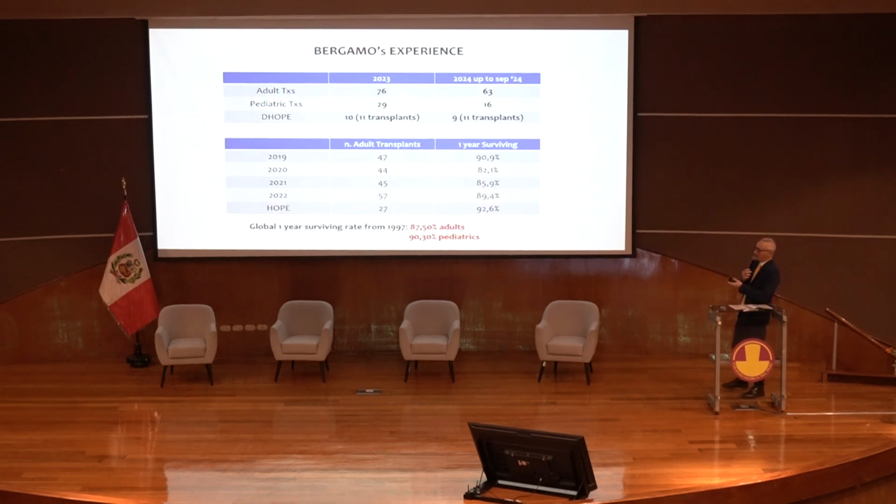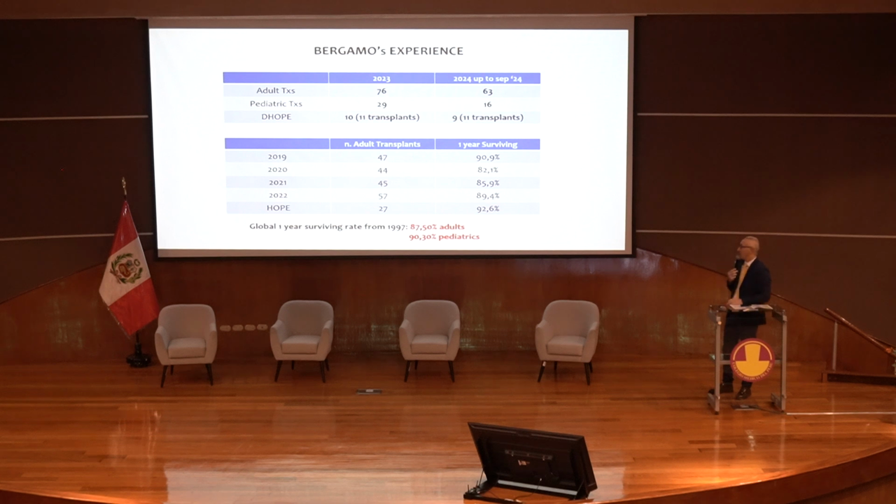Our experience, and going to end: in Bergamo, more or less we perform 100 liver transplantations per year. In Bergamo we transplant all kinds of organs, adult and pediatric: gut, liver, kidney, heart, and so on.